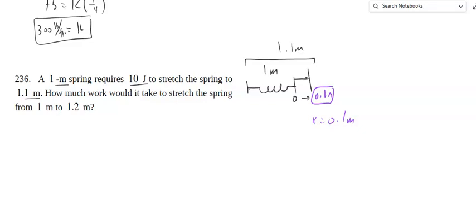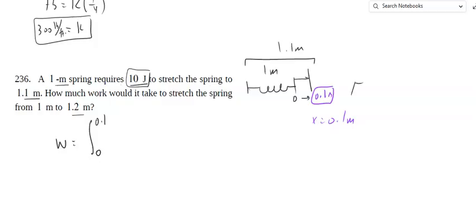How much work would it take to stretch it from 1 to 2? Well, here we go. A 1 meter spring requires 10 joules to stretch it. Joules is not force, joules is work. The work here, stretching it from 0 to 0.1 of f of x.